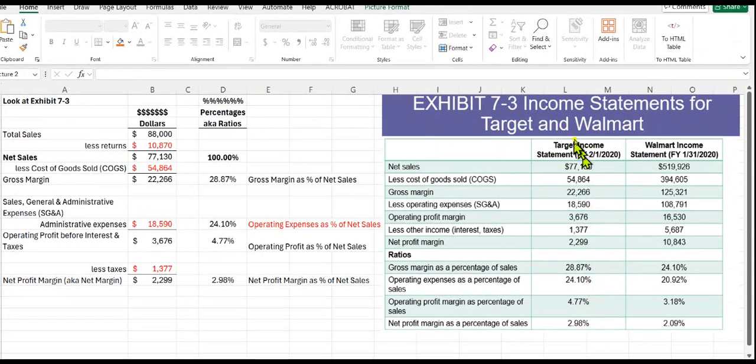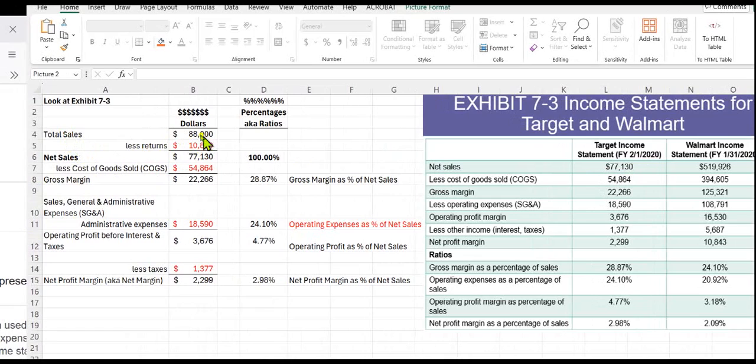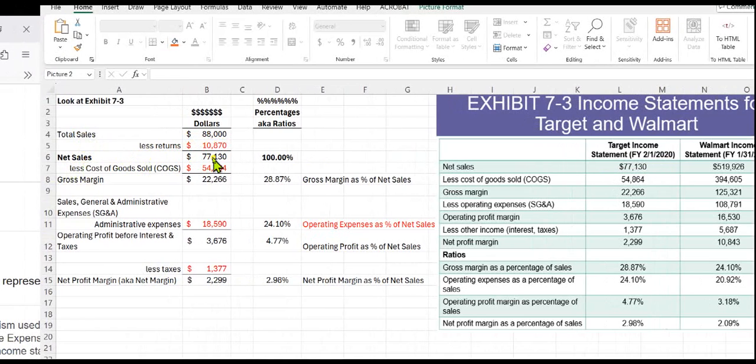Now this path. The Target income statement for the fiscal year February 1st, 2020, that's how you read that, starts with net sales. Sales less returns give you net sales, 77,130.